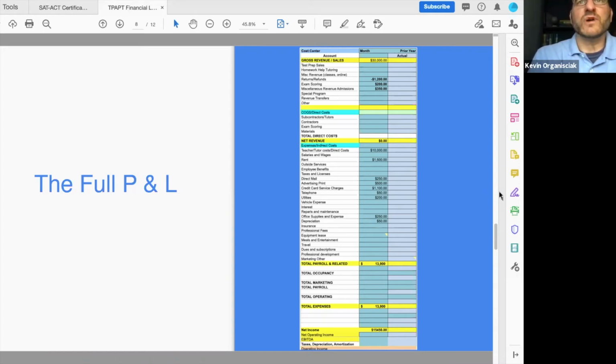Again, prior year thinking is just helpful in a directional way. It's not the be all end all, but it is good to make a habit of comparing performance and spending and everything else you do versus a similar period from the prior year.